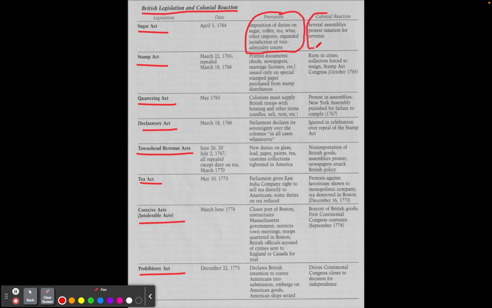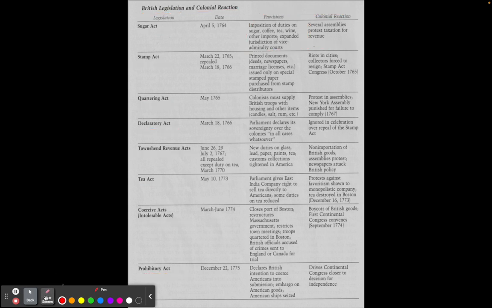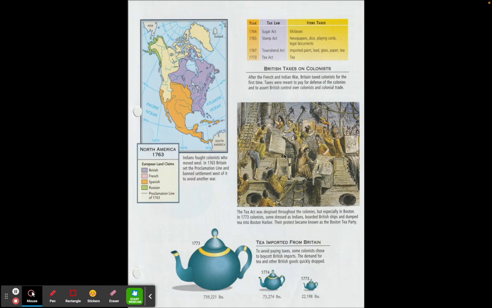And then, of course, this column would be the colonist reaction to each one of these types of British legislation. So I want to make sure you understand what this is. This is a really good summarization table of all the British legislation and colonial reaction.